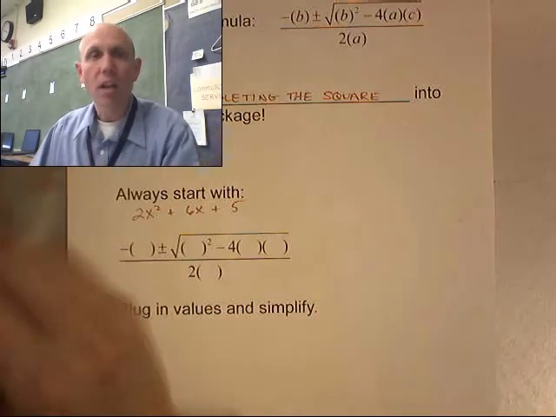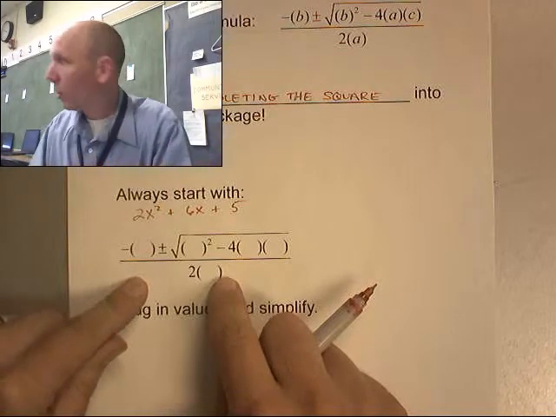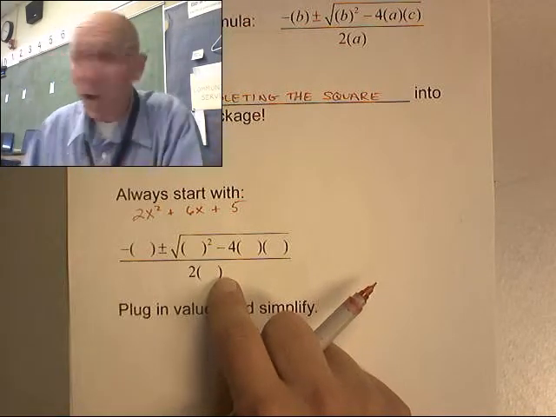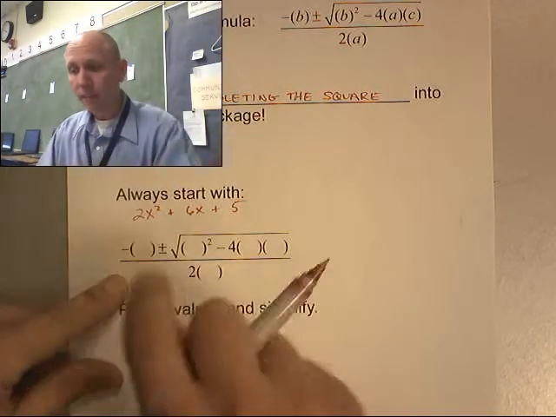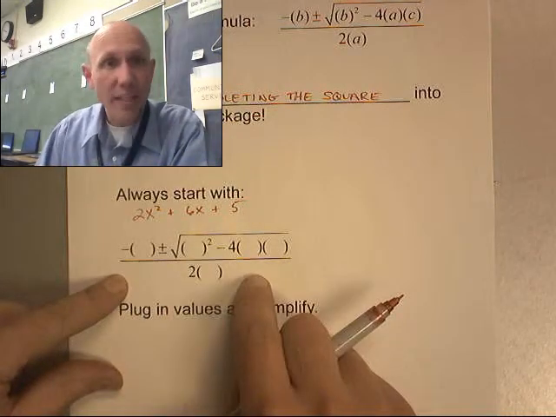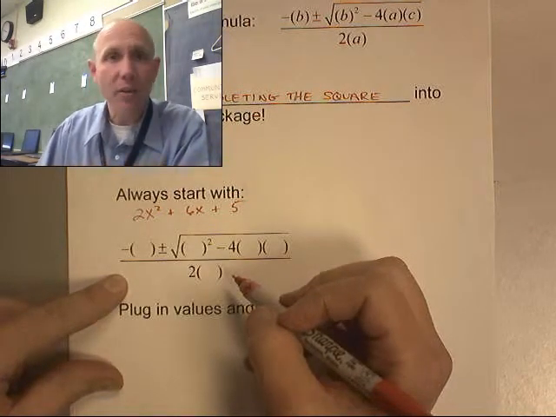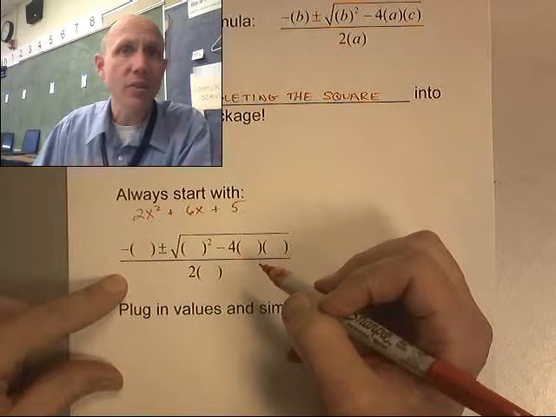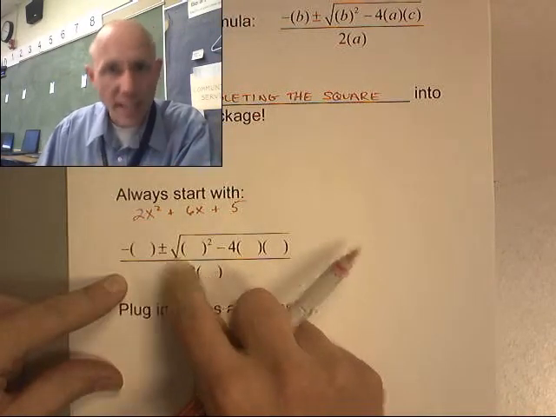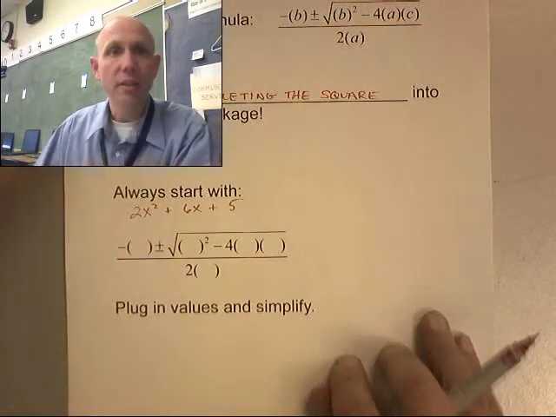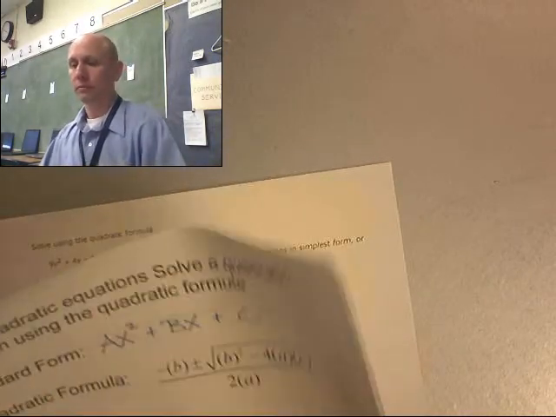Slow down. We're going to be doing this in class. I'm going to be walking around. You need to write this down first. If you're not writing this down, you're probably getting the answers wrong. Write it down, plug them in, do the problem. Slow it down. Here we go.